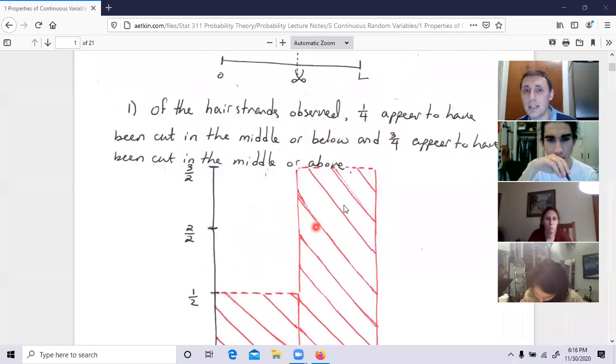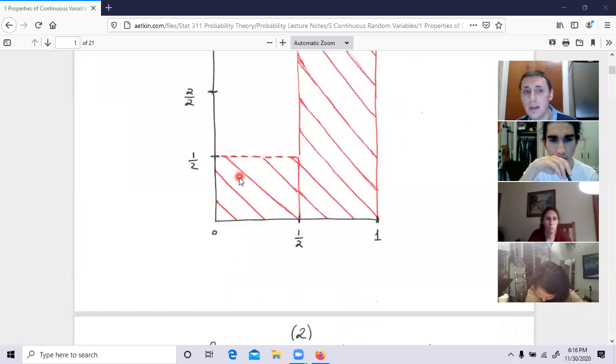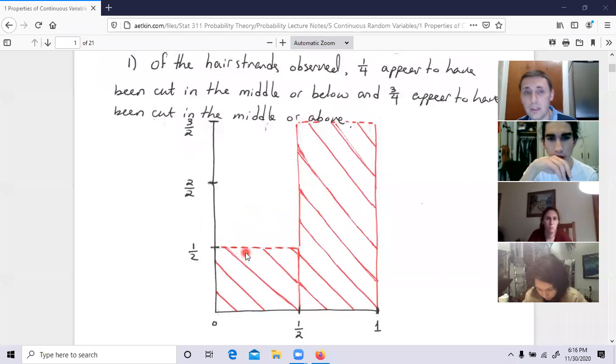And if that's the case, I see that exactly 1/4 are here, and 3/4 are here. And I want to represent it in such a way that area captures the probability. Area is the probability. You understand? That's why the height is 1/2. Look at it. 1/2 multiplied by 1/2, the area of this box is 1/4.